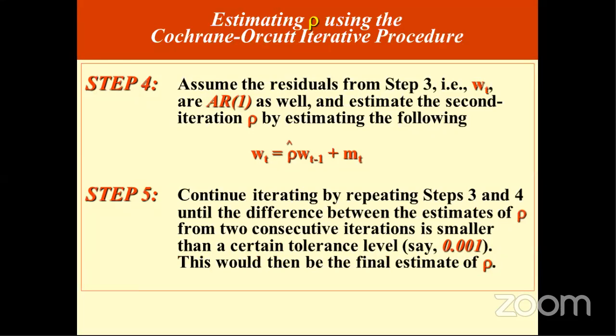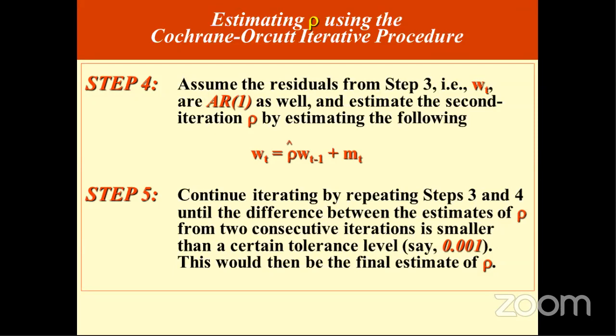Iterative means that by using several steps we minimize the value of rho, and finally we get a final estimate of rho. That final estimate is multiplied with the elements of the regression analysis, and finally we get the results of the estimators.